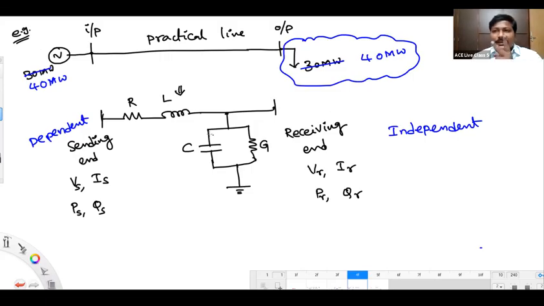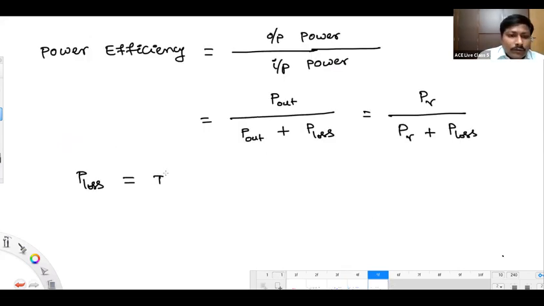One is the loss due to resistance, and the next one is the loss due to shunt conductance. The loss due to resistance is I square R. The loss due to conductance is V square G. So the two losses we have are I square R loss plus V square G loss. That is the power efficiency definition.